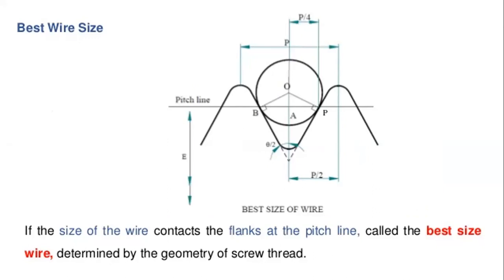The distance from the center of the wire is taken as P by 2, that is pitch divided by 2.